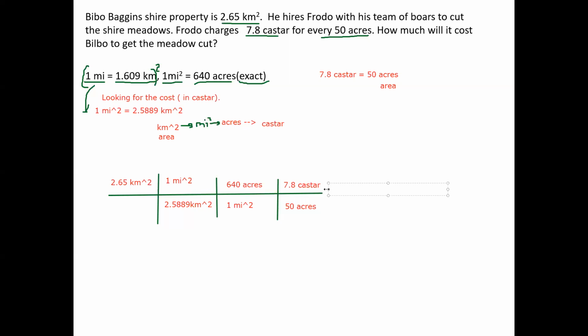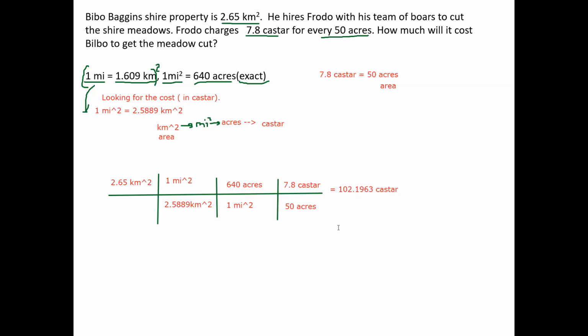So we multiply what's on top, divide by what's on the bottom. And we get 102.1963 castar. But again, we're not finished.